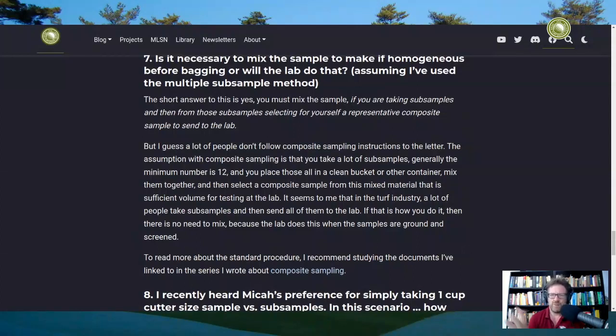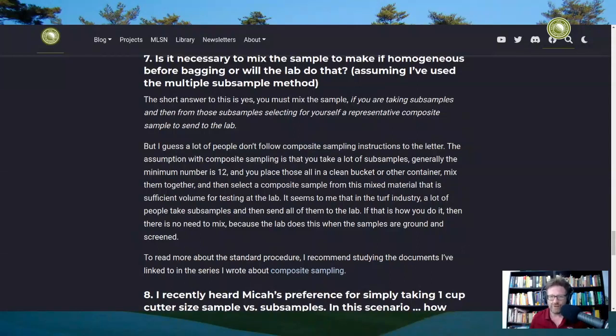And then you're supposed to send that to the lab, and that is supposed to be a representative sample. I think what most people in the turfgrass industry do, they don't mix it all together in a clean bucket and take a sample from it. They just take all of those subsamples and send it to the lab.